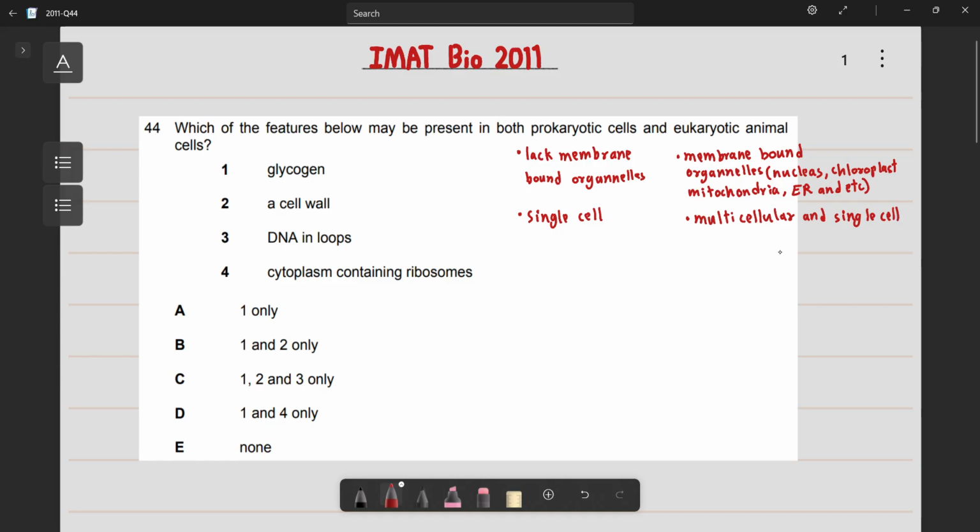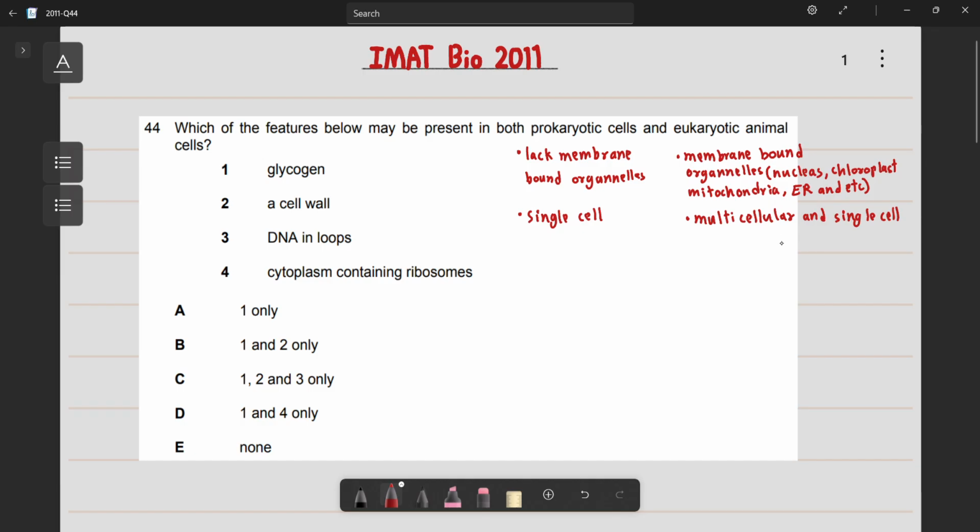The best example of a single cell eukaryote is the yeast cell. Yeast cells are eukaryotic organisms because they contain membrane-bound organelles. They have a nucleus to enclose their genetic materials and so on. Multicellular eukaryotes are like animals and plants. That's the main thing you must know.